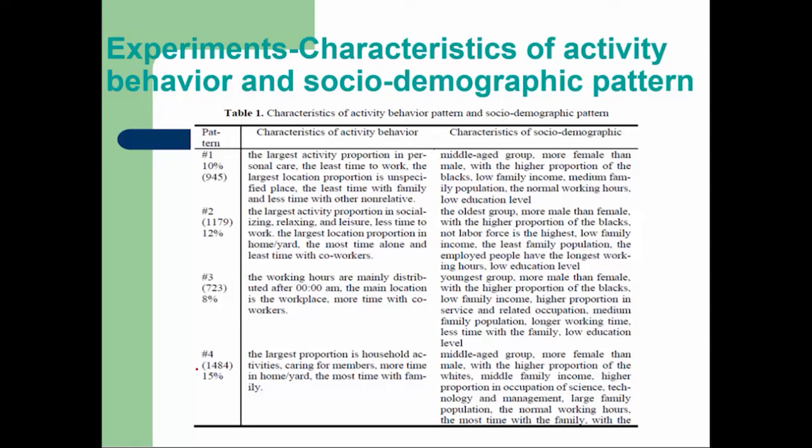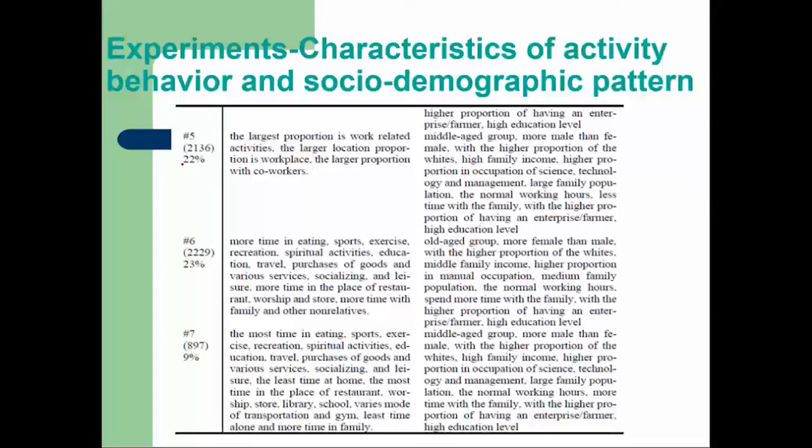In Cluster 4, the largest proportion is household activities. They are middle-aged group, more female than male, so most of them are middle-aged people doing housework. Cluster 5, the largest proportion is work-related activities.